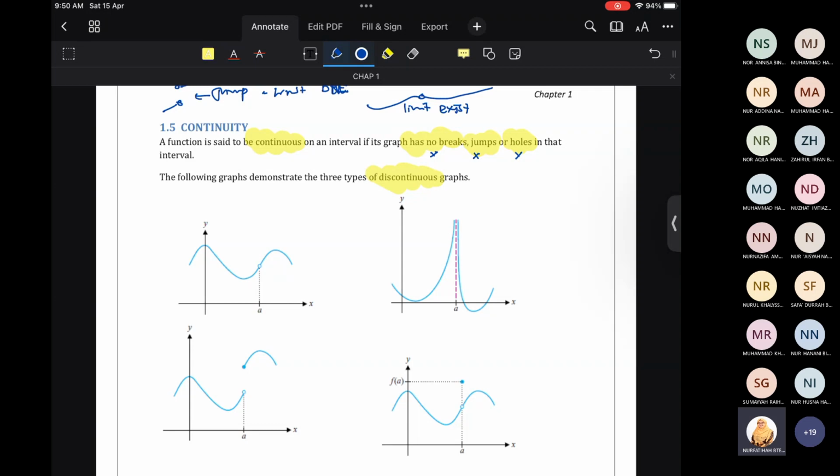The hole here. So automatically it is discontinuous. Does the limit exist? The limit exists. The limit is like continuity, the graph must be connected. Continuity means the graph must be connected without any jump, without any breaks, without any hole. That is continuous.